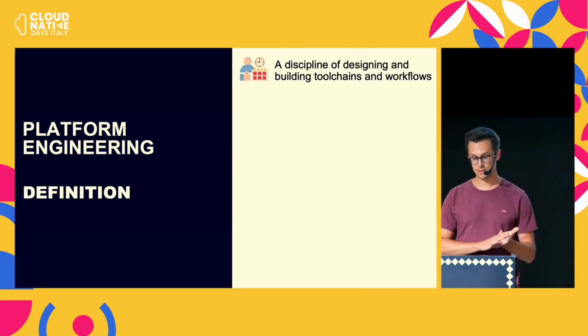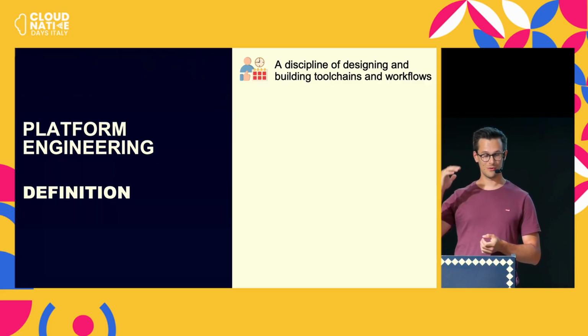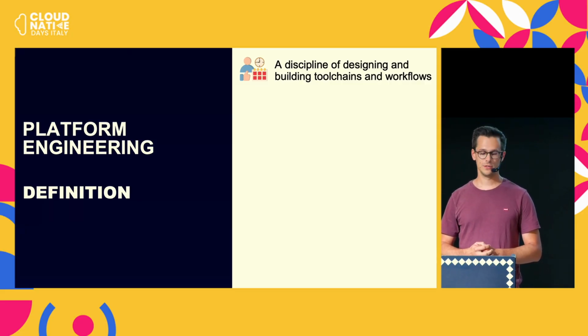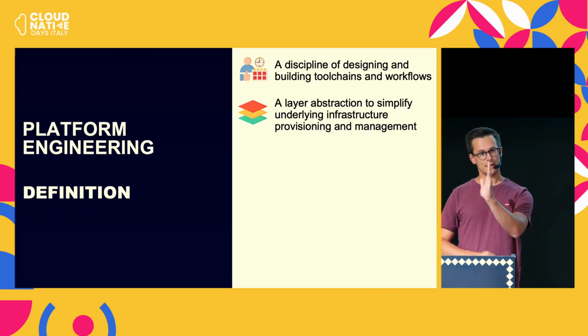So what is it? Let's define it together. It's actually sort of a discipline. You are building tool chains, you're building workflows for your platform users. So the platform is always for somebody else, for the platform users. Everything you do is for your users. And the good thing is that this platform is like an abstraction layer.